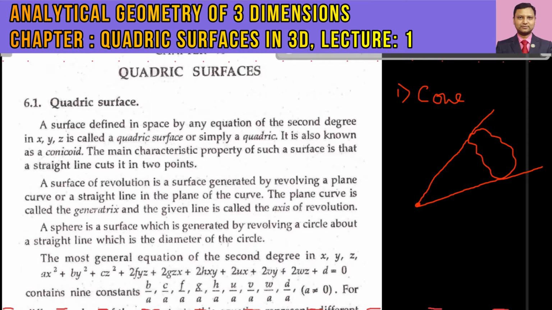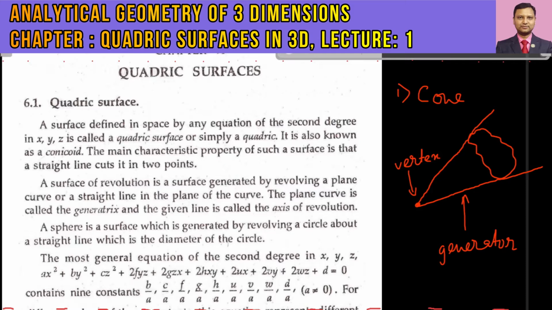Over here, this straight line is called the generator of the cone. And this fixed point is called the vertex of the cone.